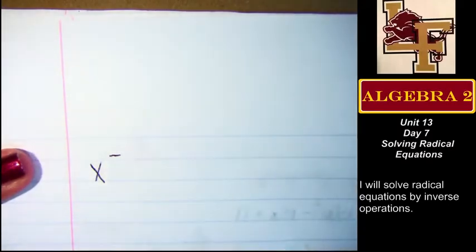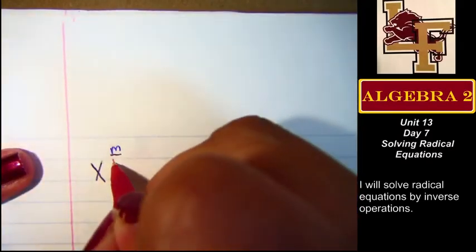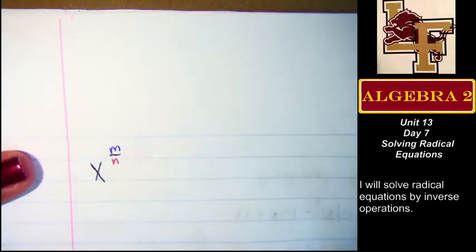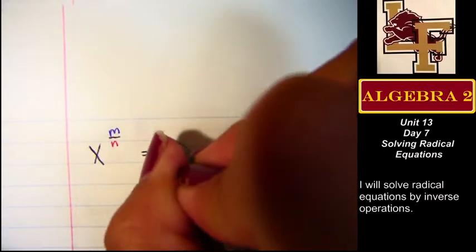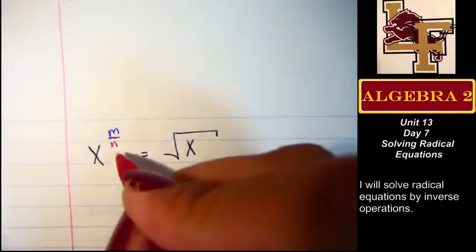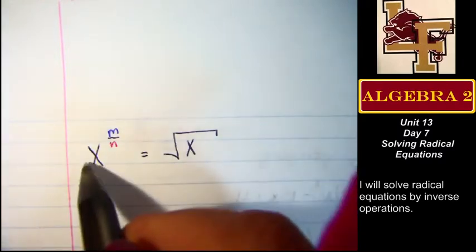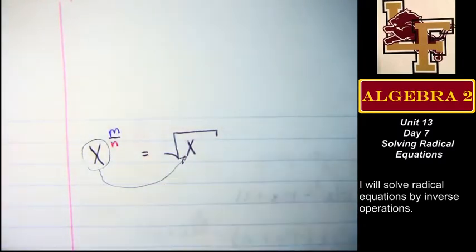So here I have a thing being raised to some power, and that power has a fraction to it. This is absolutely no different from writing it as a radical, where the thing that we've been raising to the power is now our radicand.